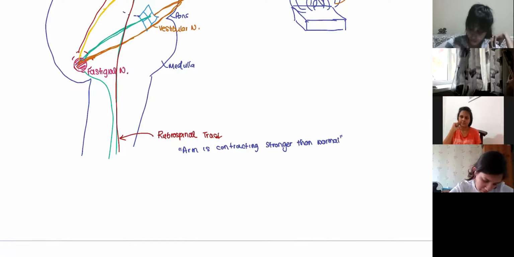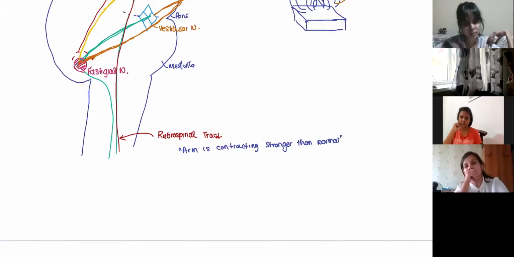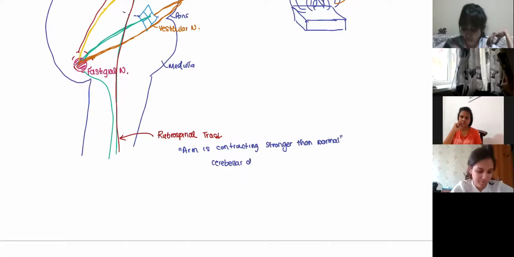Like the force that you need to give to take your pen is not what is given. It's given a huge force like that. So this is due to a cerebellar defect, because the proprioception is not working properly. It doesn't know how much force to give.